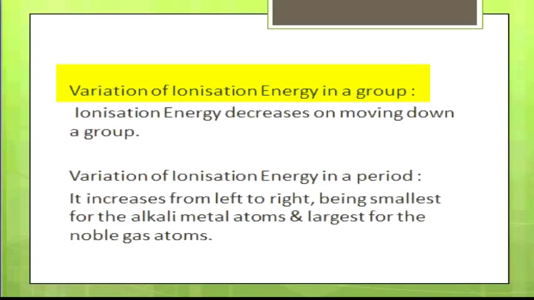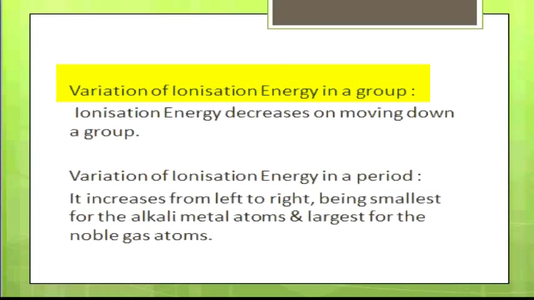Variation of ionization energy in a group. On moving down a group, the ionization energy of elements decreases with increase in atomic number. On moving down a group, the atomic radius increases due to the addition of a new electron shell at each succeeding element. On moving down a group, the nuclear charge increases with increase in atomic number.